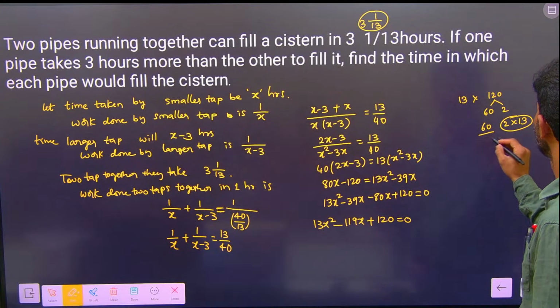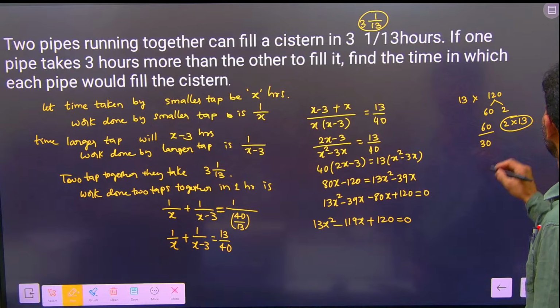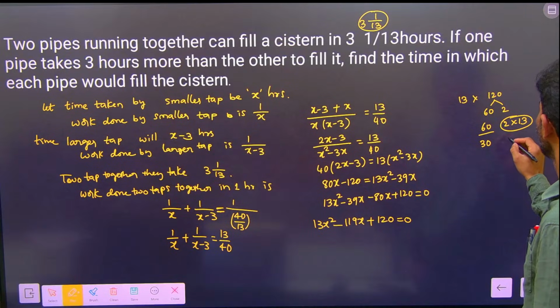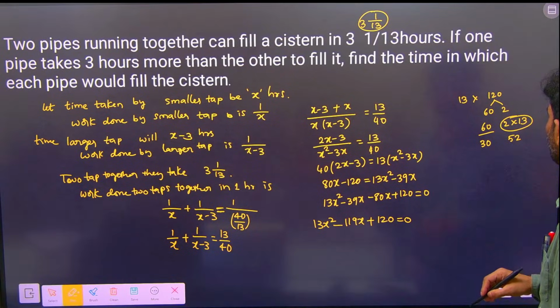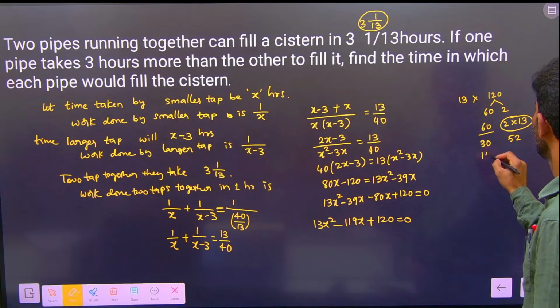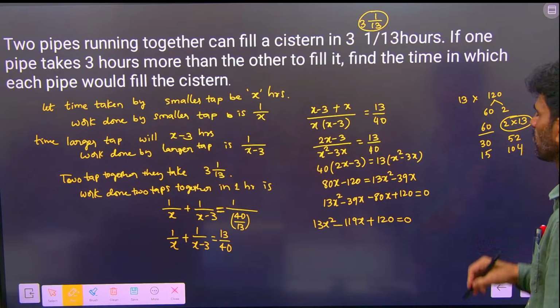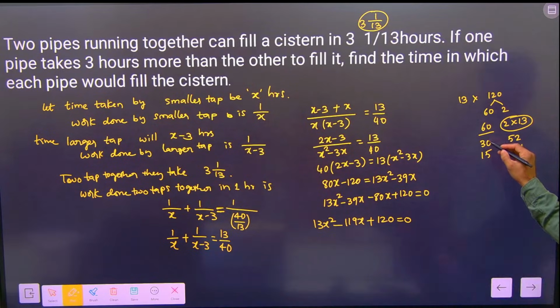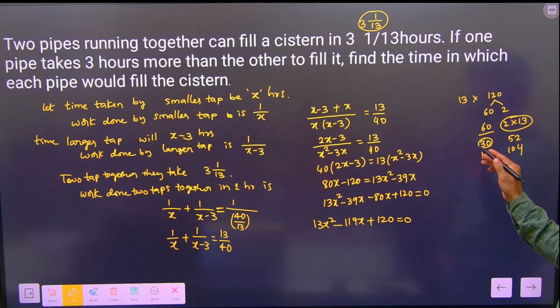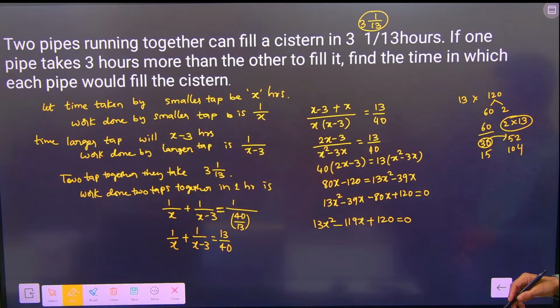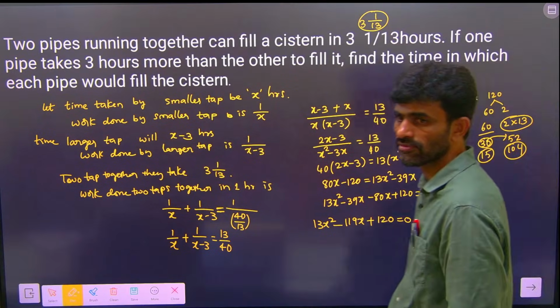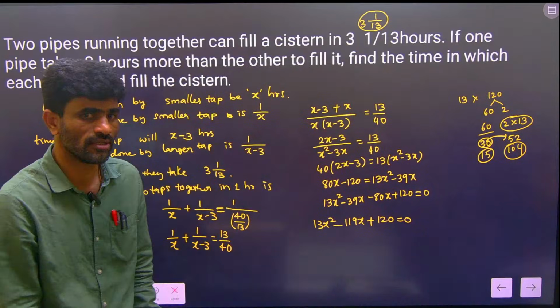No. Then 30 and this is 2 into 2 into 13, 52. No. 15 and 104. I separated 1 2 from this and I multiplied that to this. So 15 is one factor, 104 is one factor. 15 and 104, 15 plus 104 is 119.